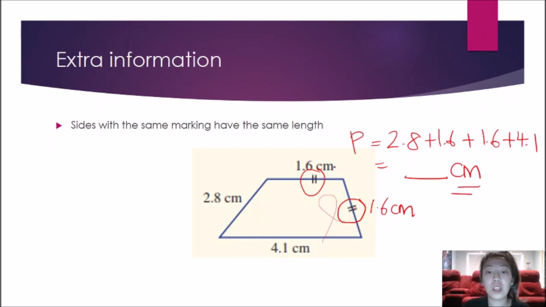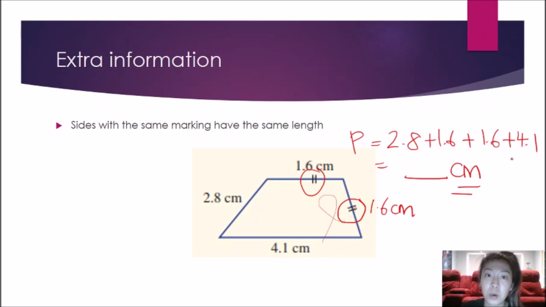Make sure that you look at what the sides are and use the same units. Sometimes you have to read the question carefully, because it could say calculate the perimeter and write it to the nearest meter, which means you will have to convert your units.